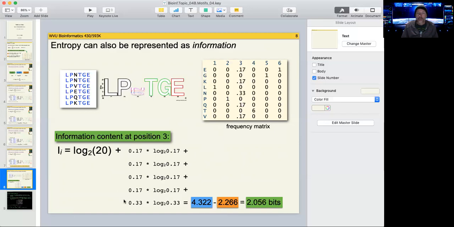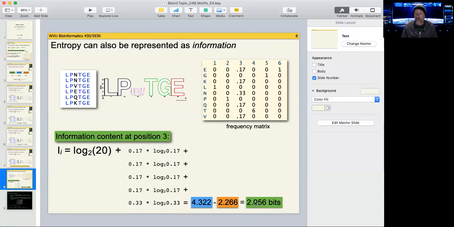And then we get to the frequency of the N residue here. That's a little higher at 0.33 times log base 2 of 0.33. You do this math, you get this number in orange, 2.266. You take the maximum entropy minus the entropy at that position to get the amount of information, 2.056 bits.